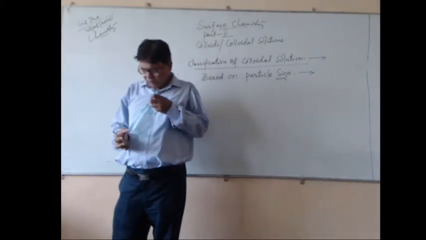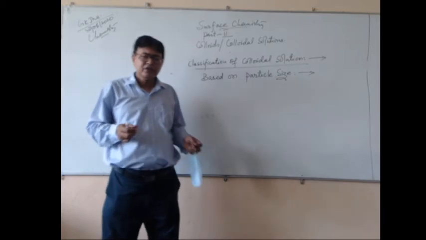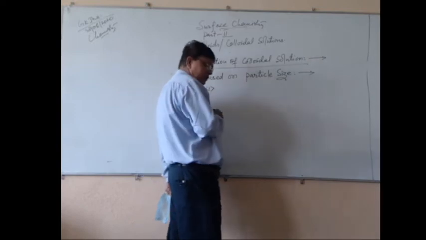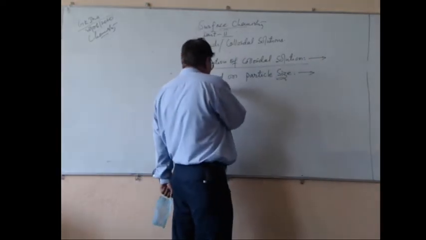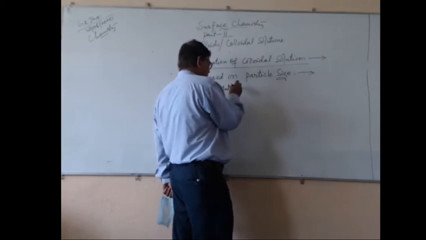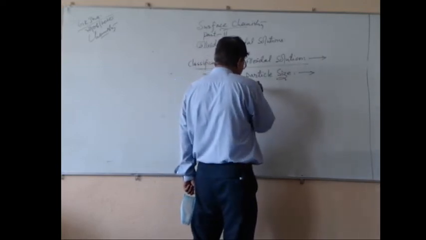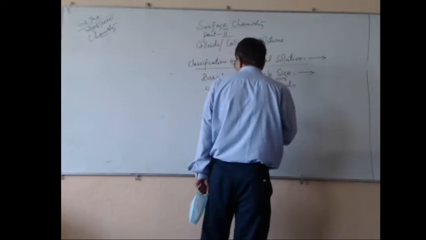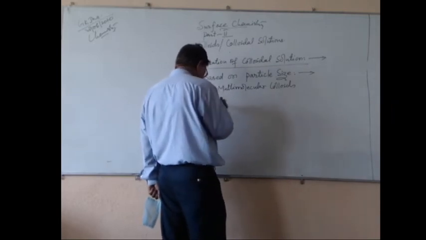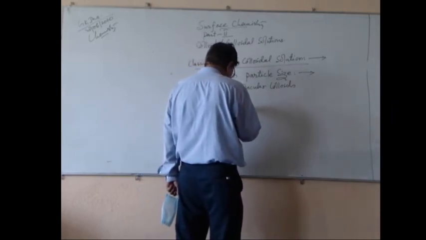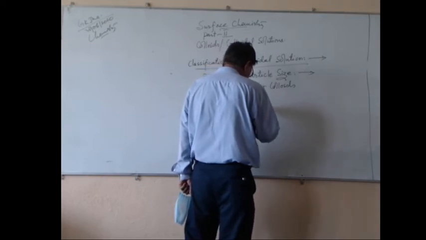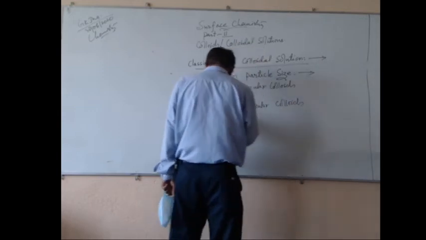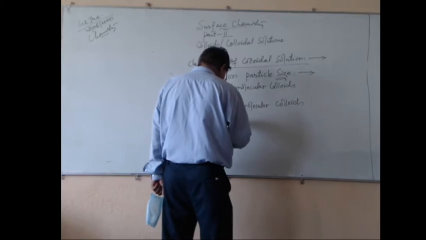So colloidal solution may be classified into three types. Point number one, this is multimolecular colloids. Another is macromolecular colloids. And still another is associated colloids.